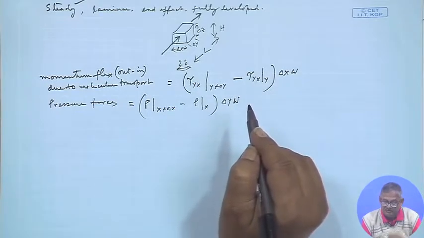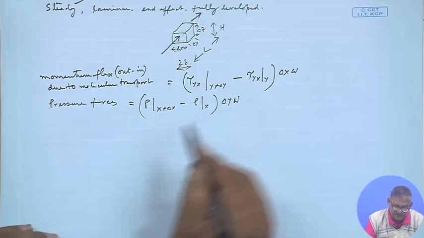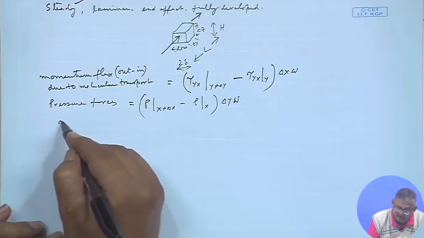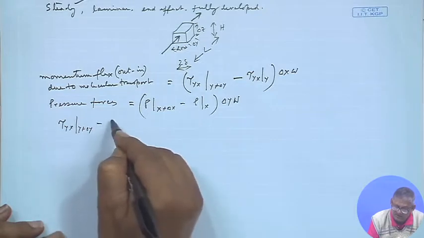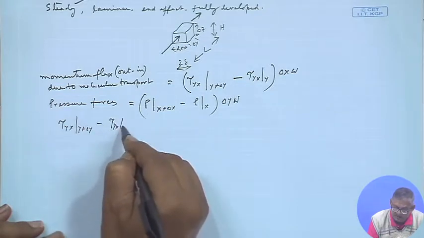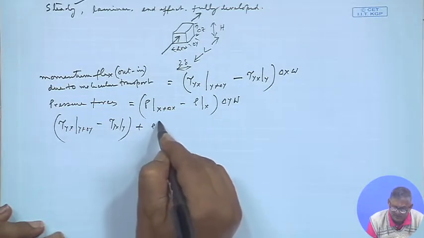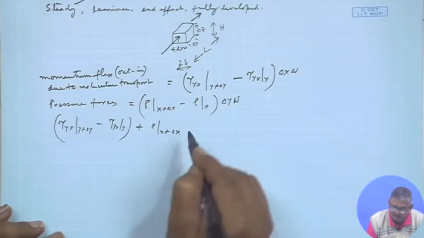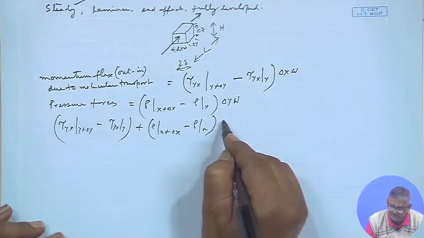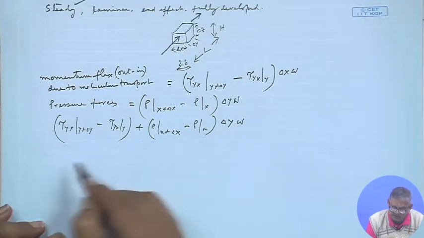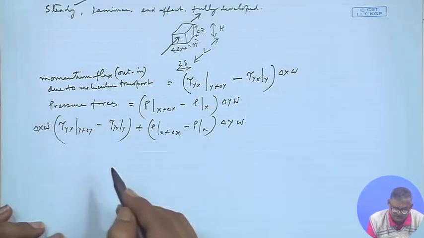So if this is true, then the sum of the forces acting we can write as tau yx at y plus delta y minus tau yx at y, times delta x w, plus P at x plus delta x minus P at x, times delta y w.